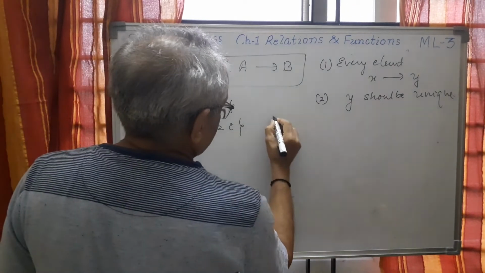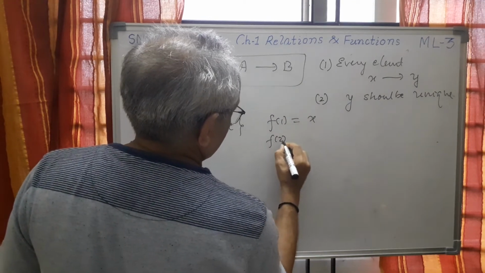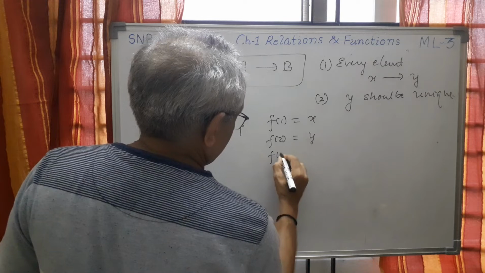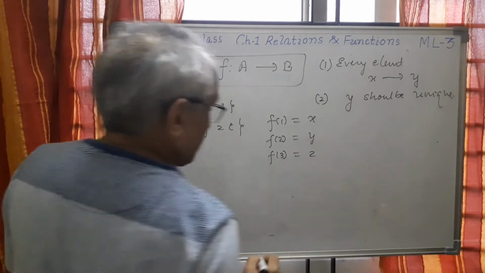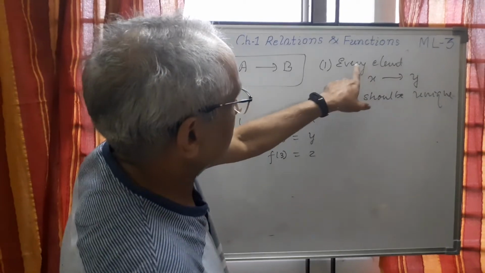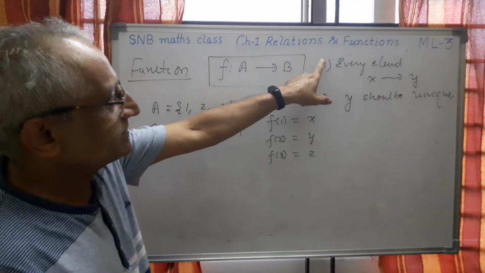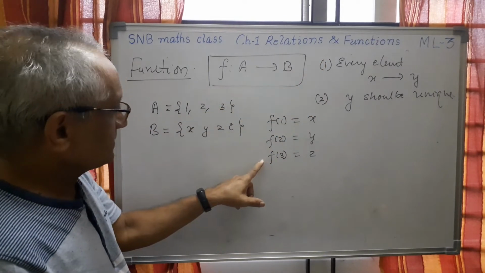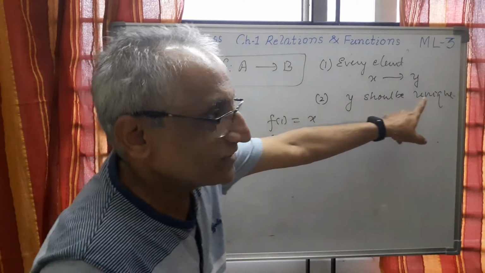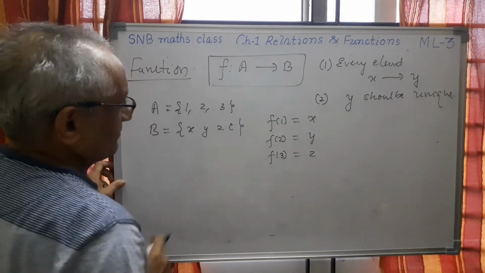Then if you write f of 1 equal to x, f of 2 equal to y, f of 3 equal to z, then this is a relation because every element here is related to some element here. The first condition is satisfied. Second condition is y should be unique. So here you see 1 is going to x only. So this is a function.